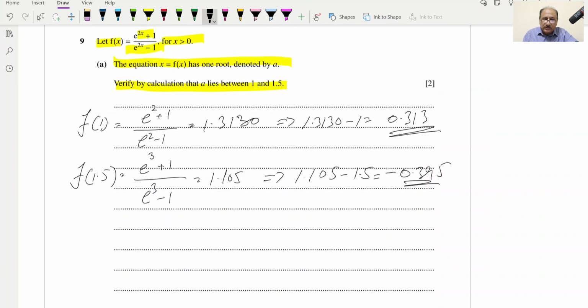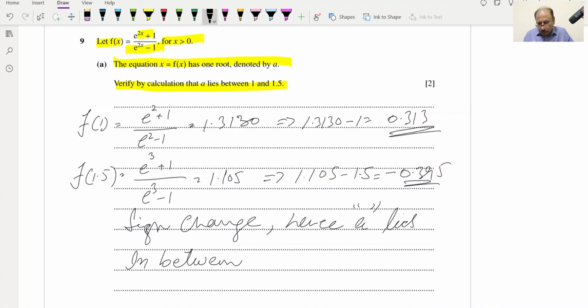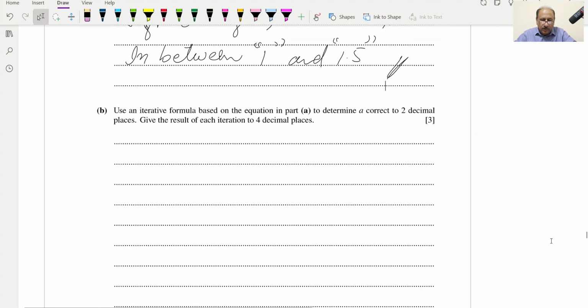We can see the sign change, so we can write sign change, hence a lies in between 1 and 1.5. This is done, a 2-mark question, and we can move to the B part.